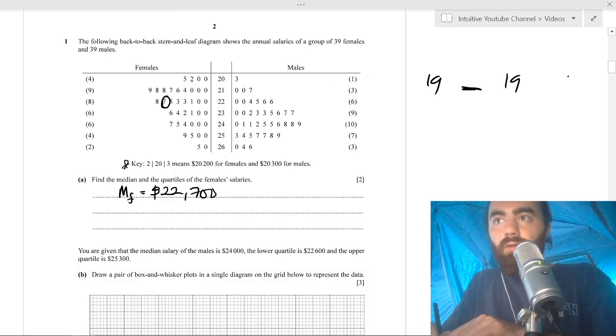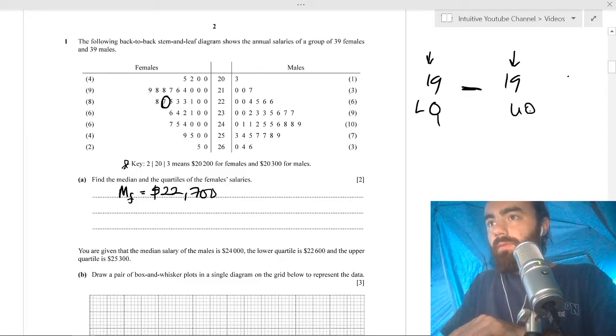We count 19 in, that's the 19th, and then that's the 20th. Then you want the middle values of these two halves to give you the lower and upper quartile. The middle value of this is 19 plus 1 over 2, which is 10. I'm probably overkilling it here, but it'll be the 10th value and the 30th value.